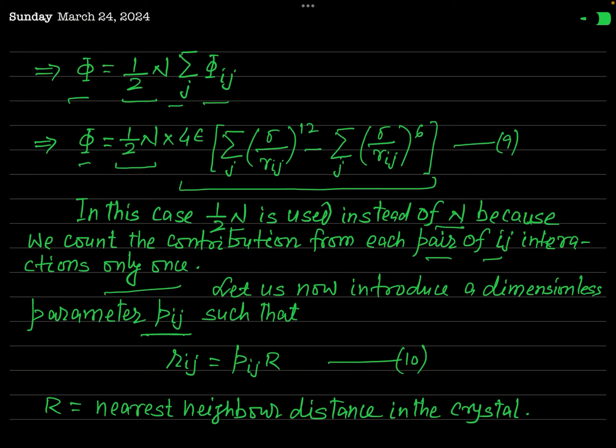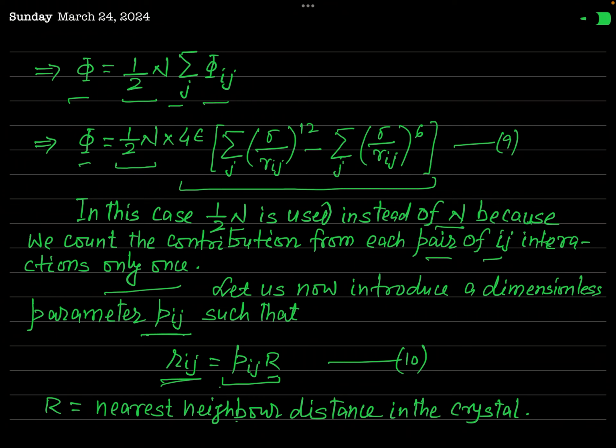It has no dimension, it is just a number, and we define it like this: r ij is equal to p ij times R. Here R is the nearest neighbor distance in the crystal. So r ij is expressed as a multiple of R by this p ij.